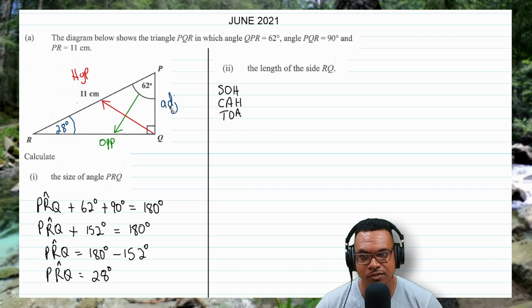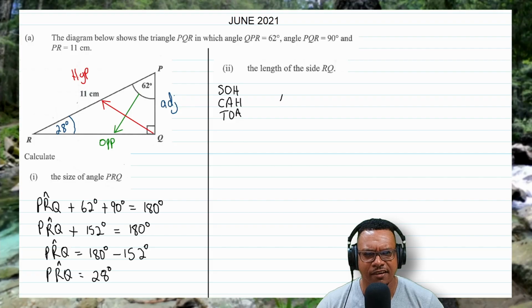No. So if I use adjacent and opposite, which will be tan, I would have two unknowns, and that's why I cannot use tan here. So the other side that I know would be the 11 centimeters, which is the hypotenuse. So I'll be using opposite, because that's what I want to find, and I have the length of the hypotenuse. So what ratio has both opposite and hypotenuse in it? That will be sine. Sine is opposite over hypotenuse.